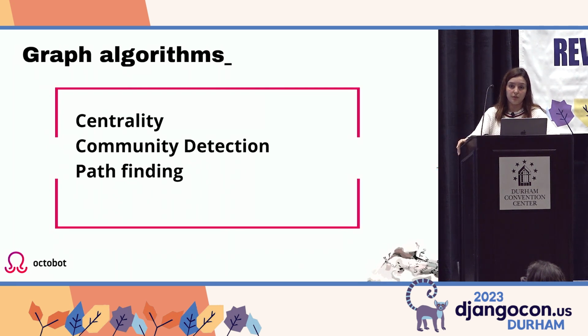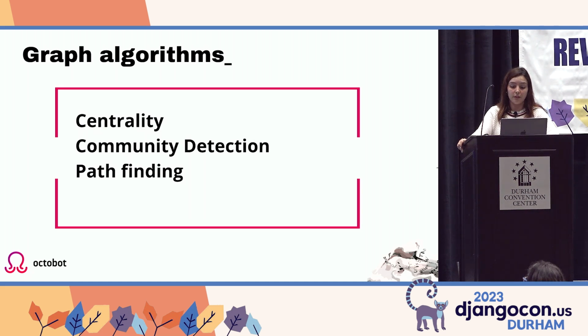There are a lot of graph algorithms that we can use in Neo4j. I just bring 3. The first one is centrality, which is used to determine the importance of distinct nodes in a network. Then we have community detection, which is used to evaluate how groups of nodes are clustered or partitioned.